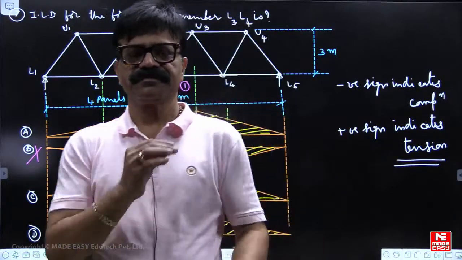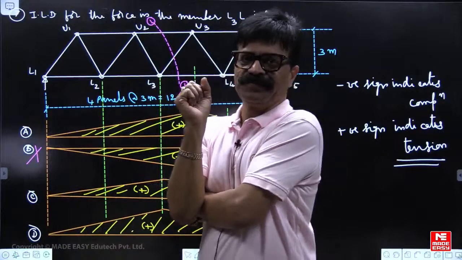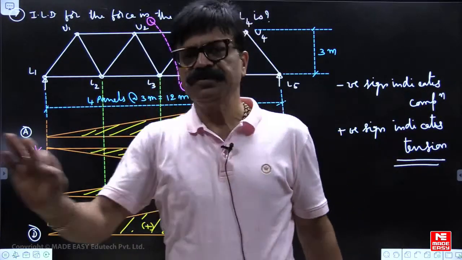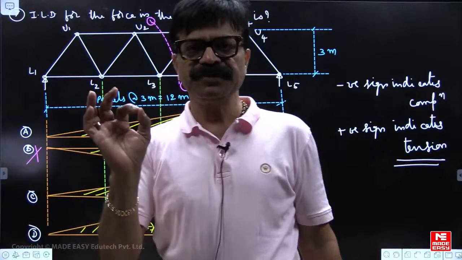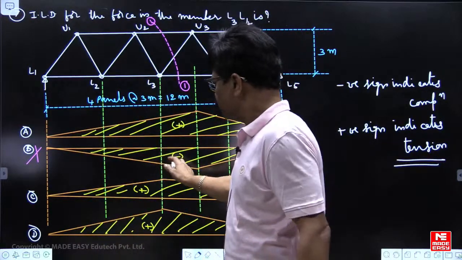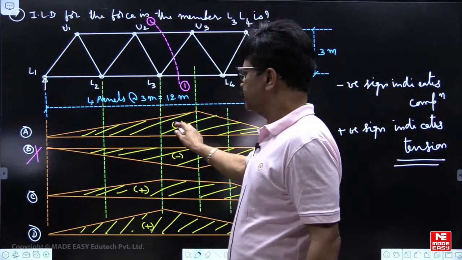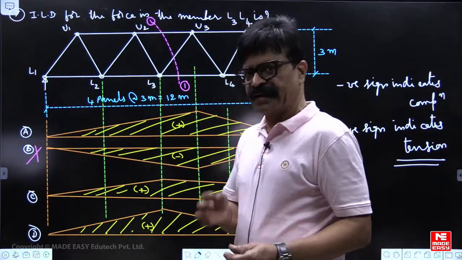So what we have learnt is, for bottom chord members, for all positions of moving loads, it should be under tension. So from that logic, B you have removed. A, let us see why A is not correct.